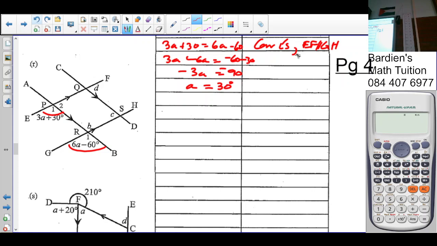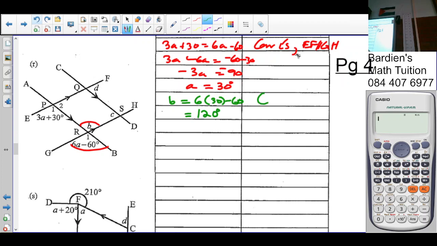Okay. What can be calculated here now? B. These angles are vertically opposite. Not so? So I'm going to say B is equal to 6 times 30 minus 60. 6 times 30 is 180 minus 60 is 120 degrees.